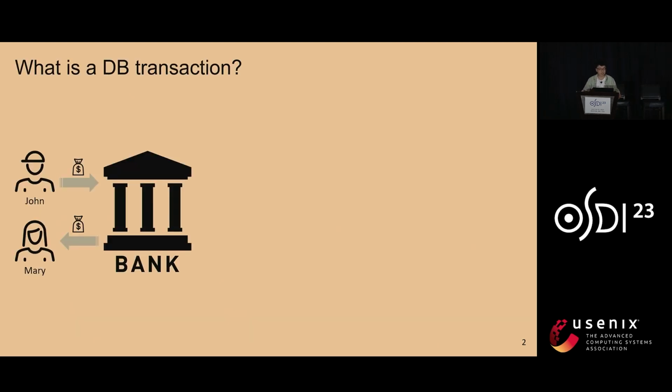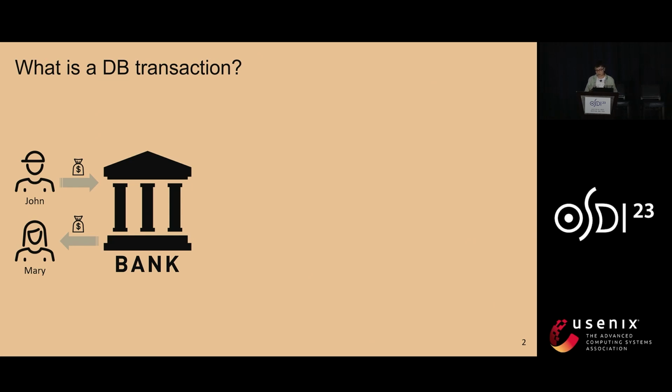So let's first introduce what a database transaction is. Suppose John wants to transfer $100 to Mary. Intuitively, the database engine inside the bank will execute two update statements. One is to decrease the money in John's account, and another is to increase the money in Mary's account.